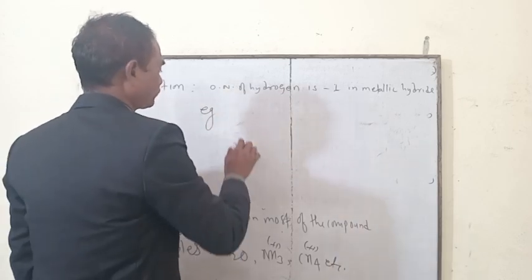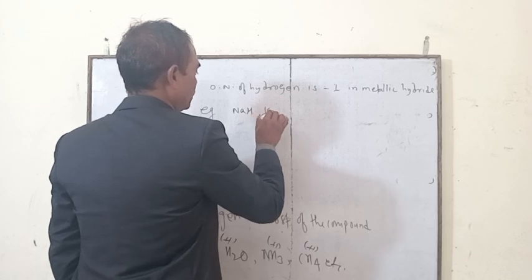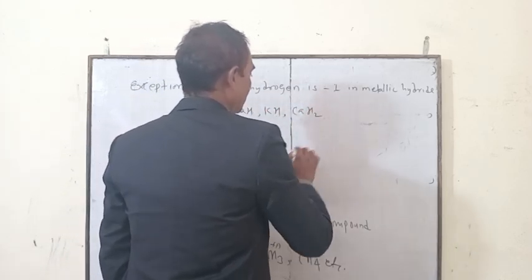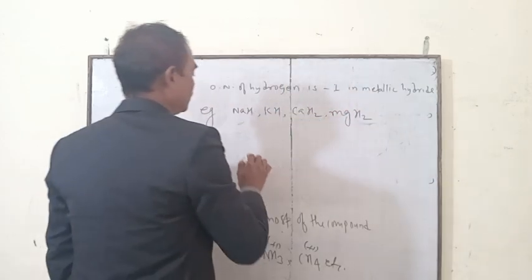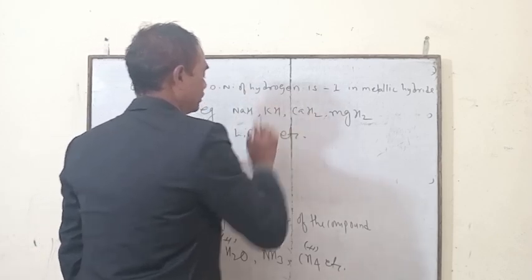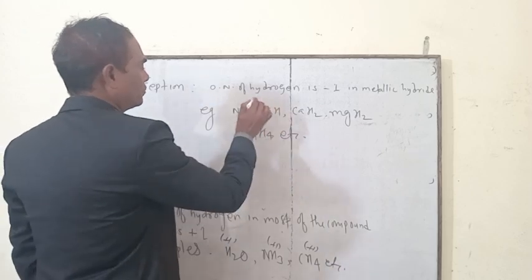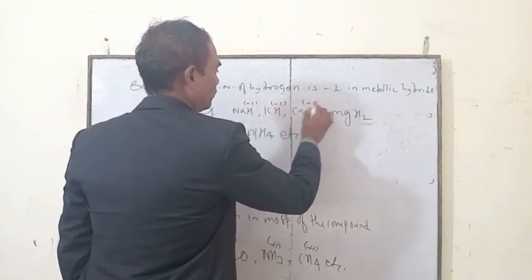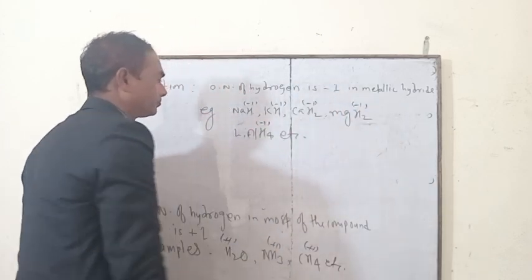Examples like sodium hydride, potassium hydride, calcium hydride, magnesium hydride, lithium aluminum hydride, etc. In these molecules, oxidation number of hydrogen is -1.